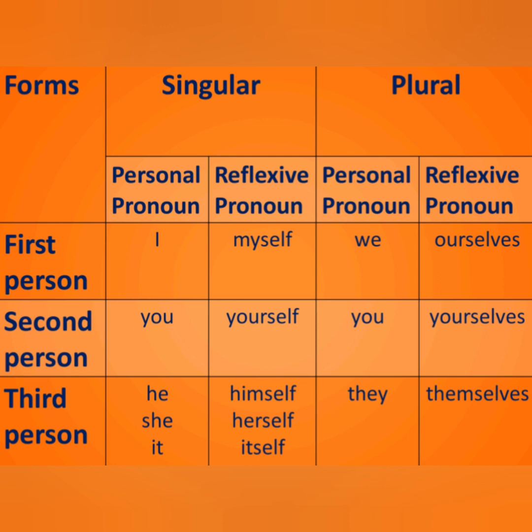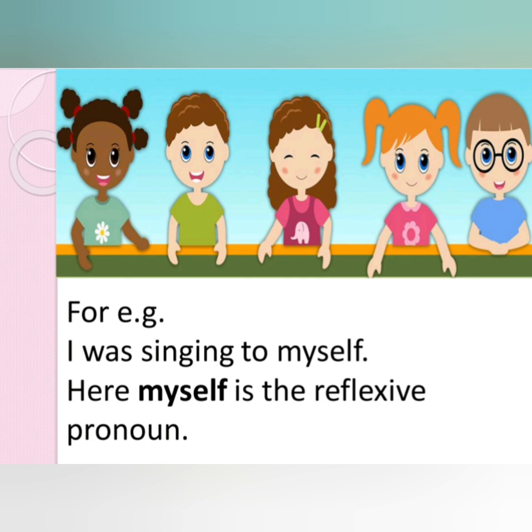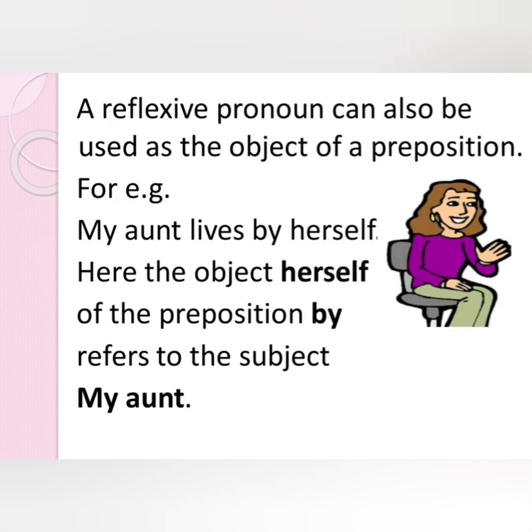Let's take an example to understand this better. I was singing to myself. Here, myself is the reflexive pronoun. Next, a reflexive pronoun can also be used as the object of a preposition.